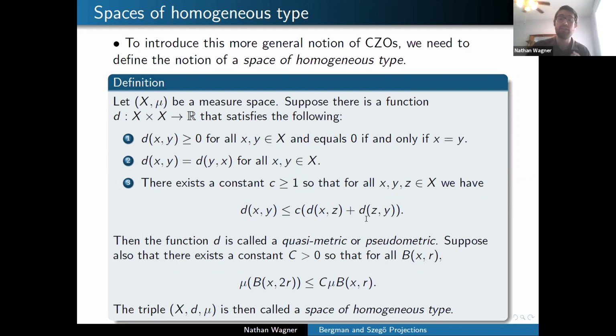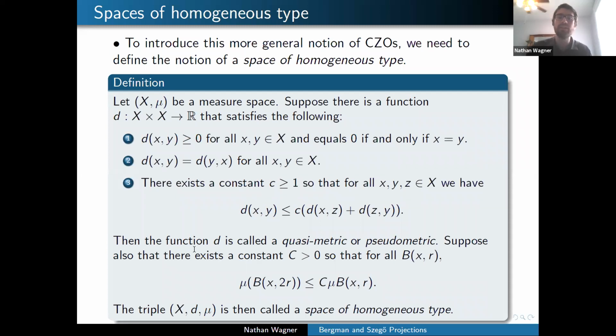If the constant is greater than 1, we would call this a quasi-metric or pseudometric. And this notation B(x, r), I'm just going to use to denote, quote unquote, the ball in the quasi-metric. I wasn't able to fit the definition on this slide, but B(x, r) would be the set of y in X so that the distance between x and y is less than r. It's exactly what you expect it would be.